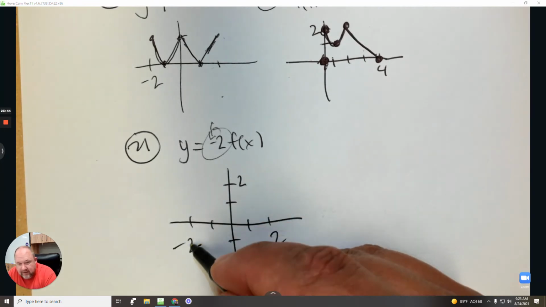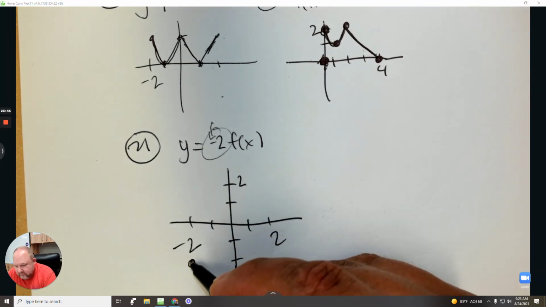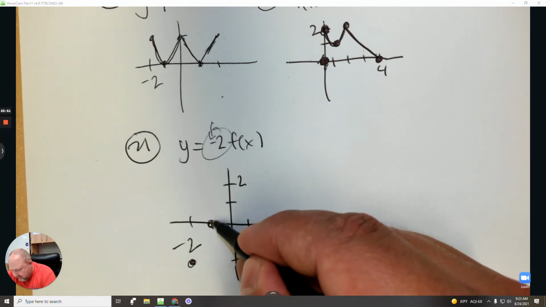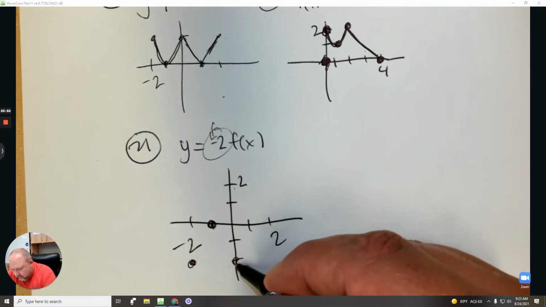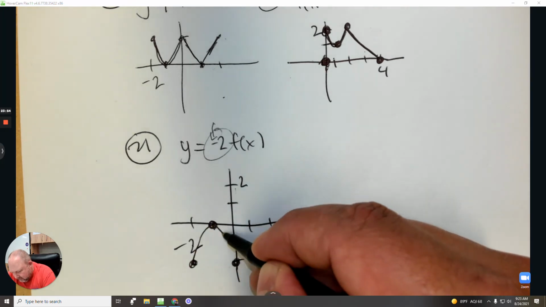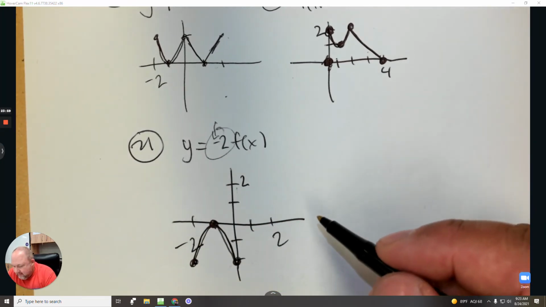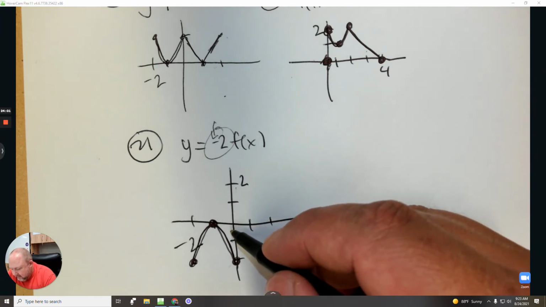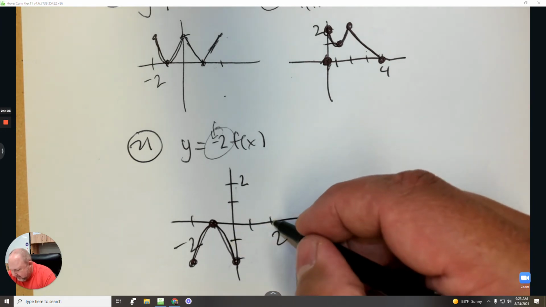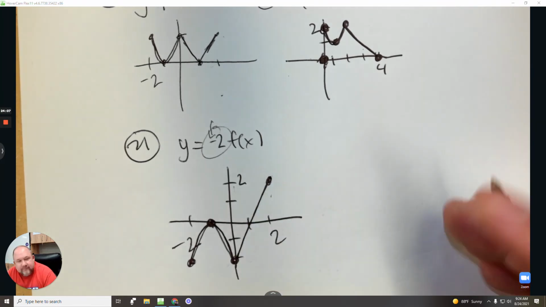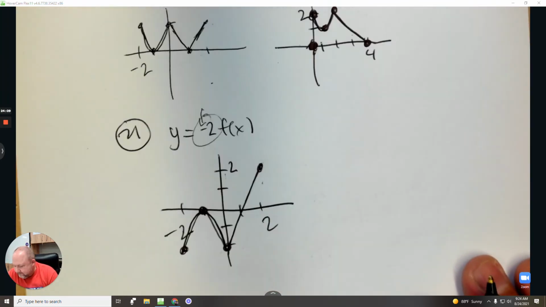So I'm going to reflect and then it stretches down here. This doesn't reflect or stretch, so it stays here. The next point's going to reflect and stretch here. So this is what it's going to look like when you reflect and stretch it. And then the last part at 2, we're going to reflect it and then stretch it up to 2, and then you have it. So that's what it looks like.